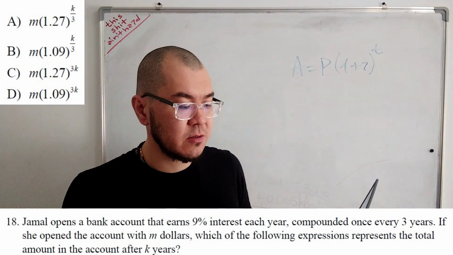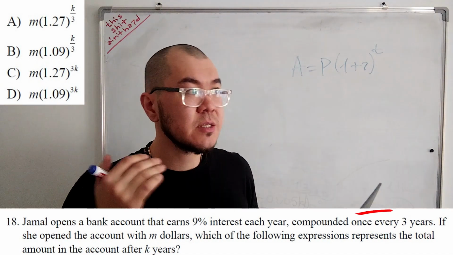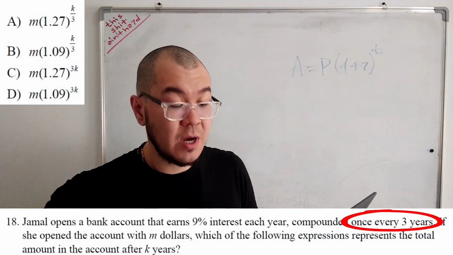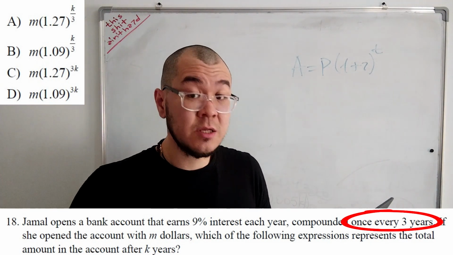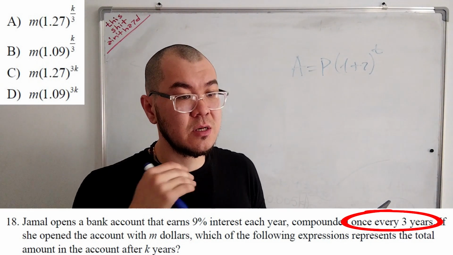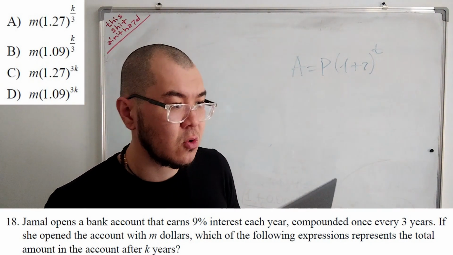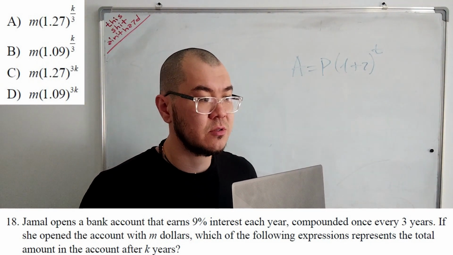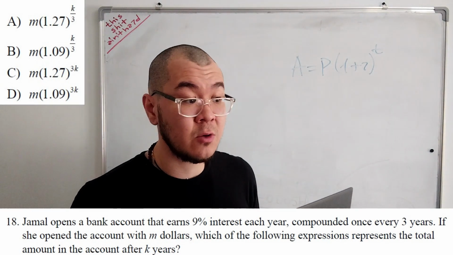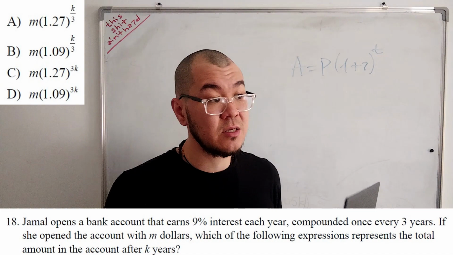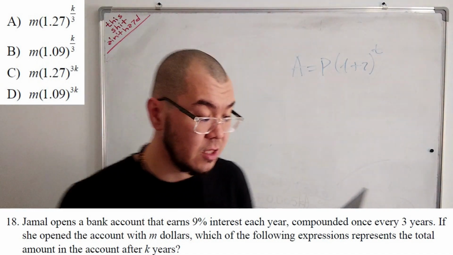For example, in 9 years, the interest will compound 3 times. In 12 years, the interest will compound 4 times. So how do we find out how many times interest will compound? We divide the number of years by 3.